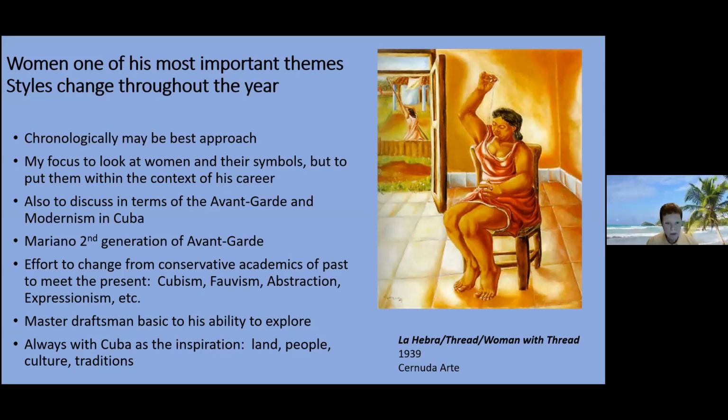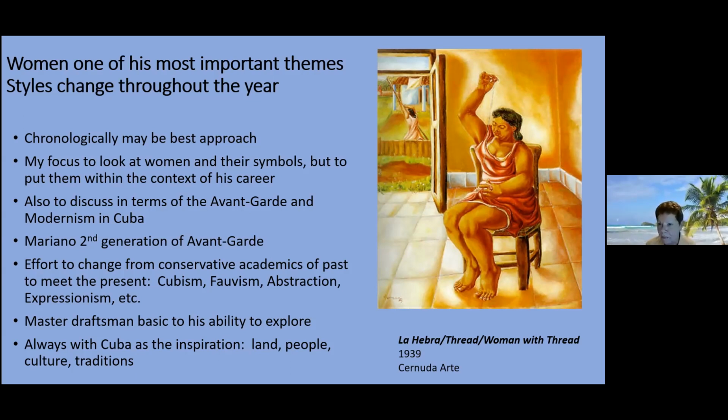So for Mariano, as I said, he's a master draftsman, and that's very basic to his ability to explore all these other things. Those of us in the arts as teachers and lovers of art know that an artist has to be able to draw. It is so basic to what they do.